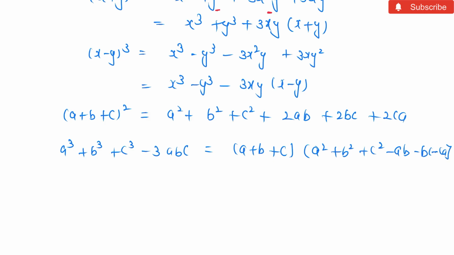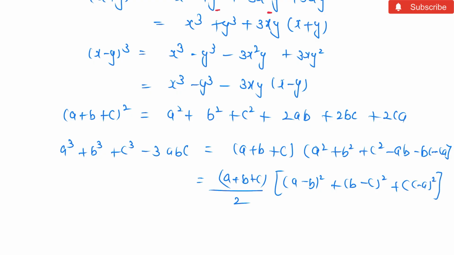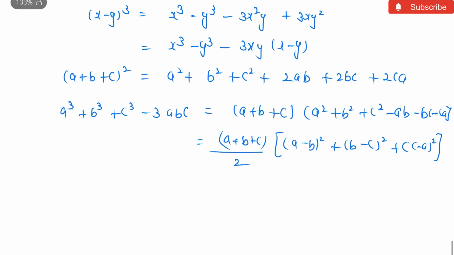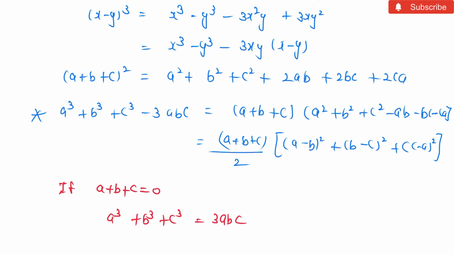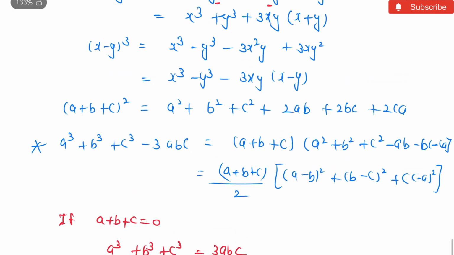This is also written as (a plus b plus c) upon 2 times [(a minus b) whole square plus (b minus c) whole square plus (c minus a) whole square]. And one more condition is there, this is the special case: if a plus b plus c equals 0, then a cube plus b cube plus c cube is equal to minus 3abc. So these properties you studied in class 9th.